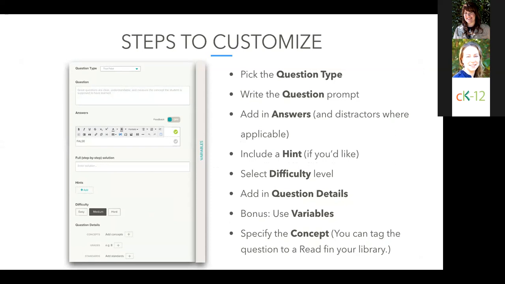A lot of our questions have hints. You may or may not want to include those if you're doing more of a quiz or test environment. You can select the difficulty level. We level our questions easy, medium, and hard. You can add in question details if you'd like. We even have the bonus feature of adding variables for you math folks who might need to do them, or even some of you science folks.